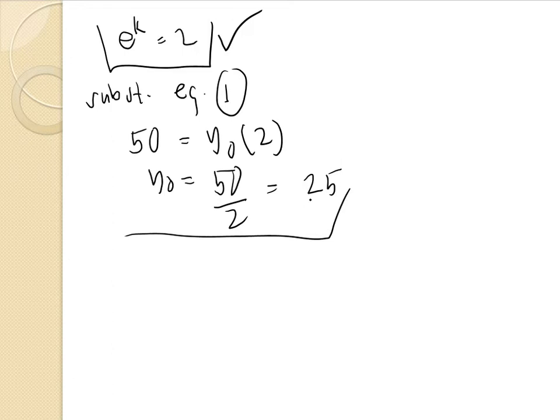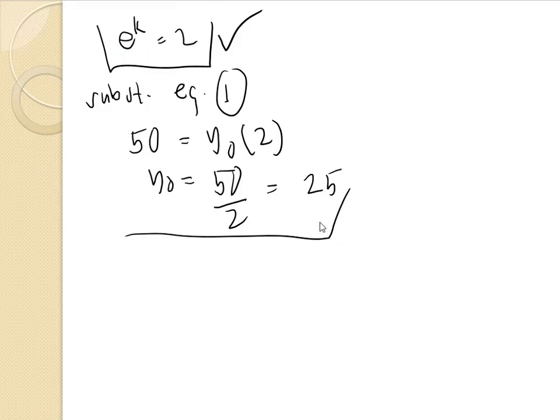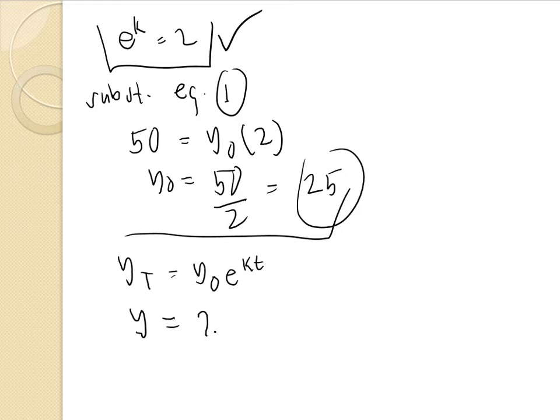25 flies. Okay, the second question is: what is the exponential growth equation of the colony? Again, take note the general equation: y sub t equals y sub 0 times e raised to kt. Pwede natin siyang maisulat as y equals, yung y sub 0 natin na nakuha is 25, so place 25 here.